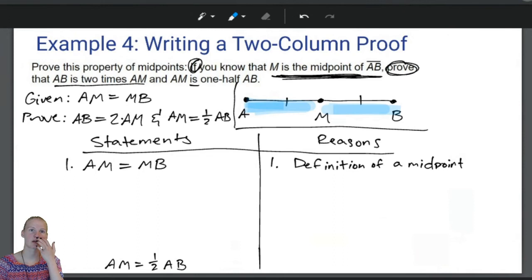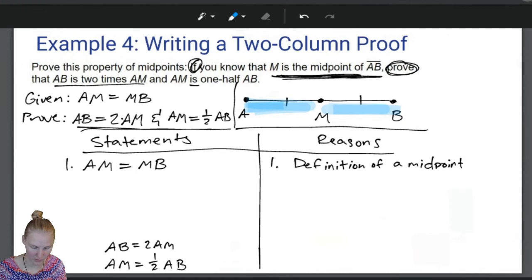That's one of the things I want to prove in the end. I also want to prove that AB is equal to 2AM. I just took that right up here where it says prove, and wrote it at the very end. So those are the things that we want to get to. So how could I get from here to here?